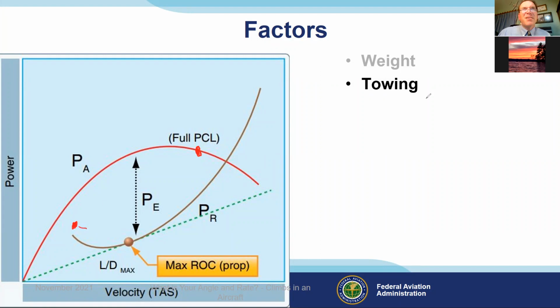And similar, I won't say exactly the same because there are some factors involved, but similar to the thrust required curve, we're going to see probably the increase occur more out here at the higher speed, a larger gap out in this area.